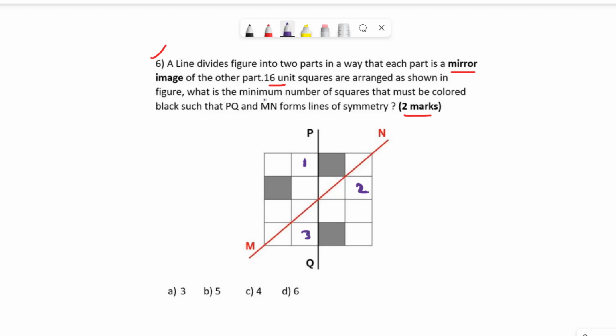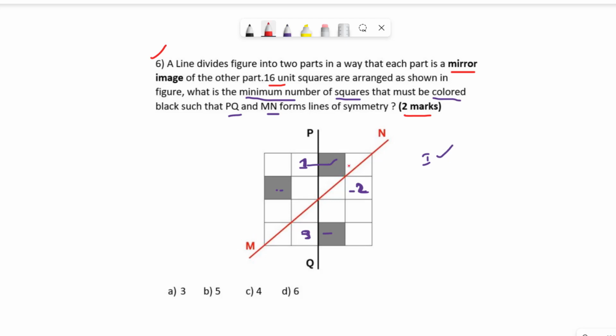What is the minimum number of squares that must be colored black such that PQ and MN form the line of symmetry? Here, if I take symmetry about P and Q, I need to color this one box and second box and third box, so that you can see these 2 are symmetric, and this one is symmetric, and this one and this one is symmetric. So our first condition is satisfied.